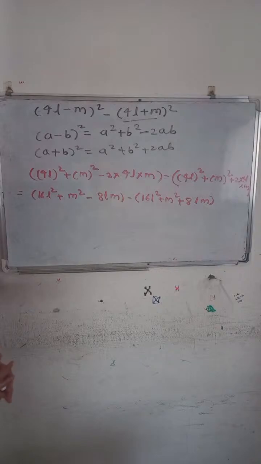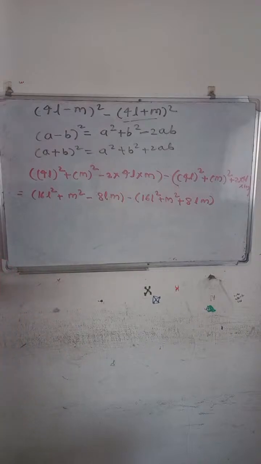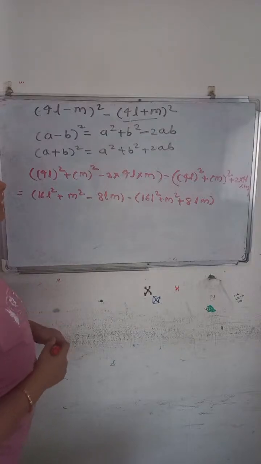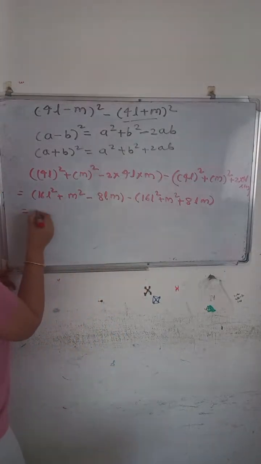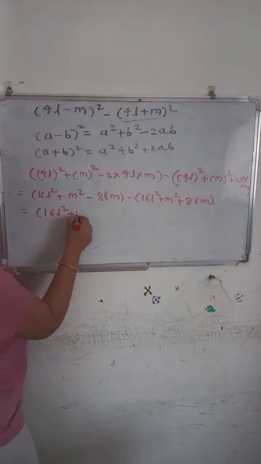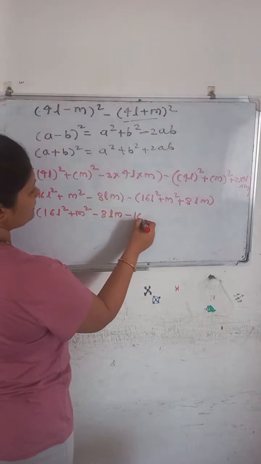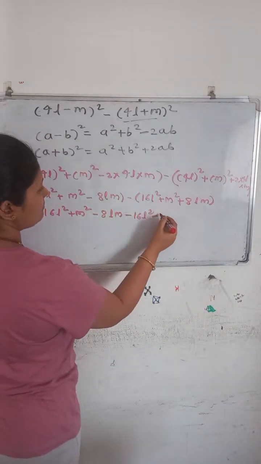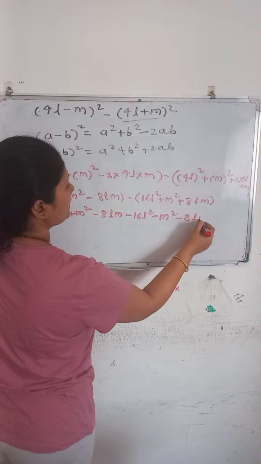So now what we have to do in the next step, we have to multiply this negative sign inside the bracket. When you multiply the negative sign inside the bracket, the signs of all the terms get reversed or interchanged. So we can write here 16L square plus m square minus 8LM minus 16L square, minus plus is minus m square, minus plus is a minus 8LM.